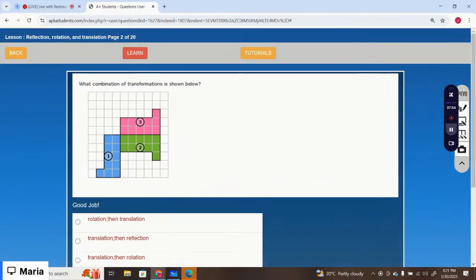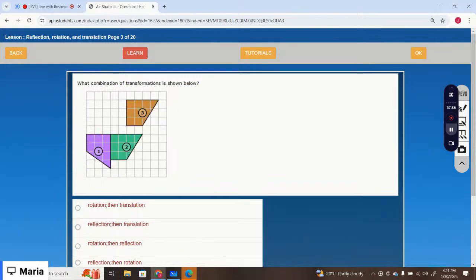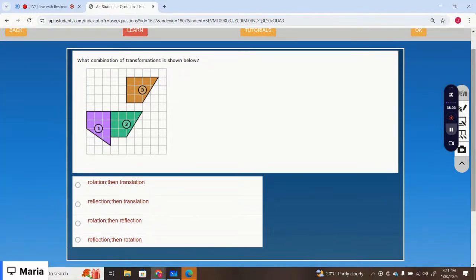I forgot to click on the OK button. What combination of transformations is shown below? Which is the correct option?